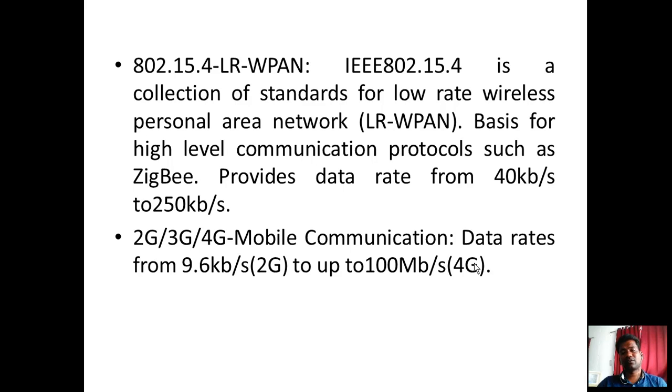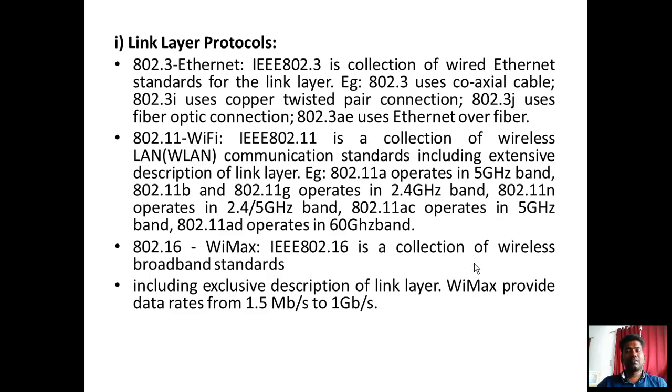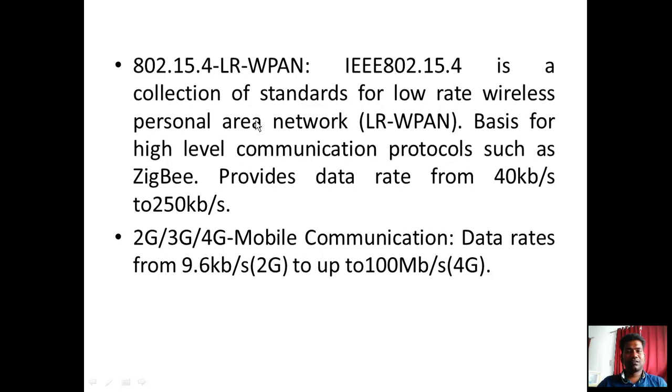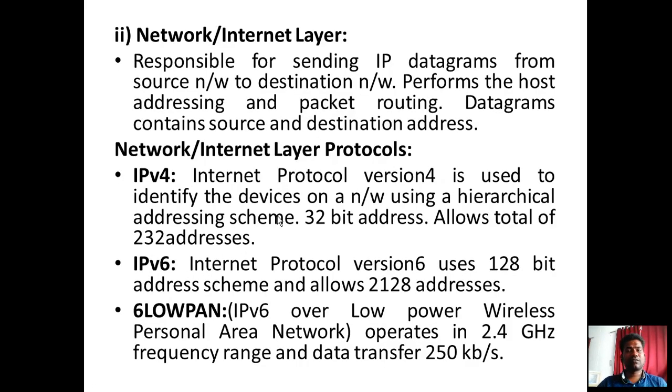Okay. So IPv4, Internet Protocol version 4, is used to identify the device on a network using a hierarchical addressing scheme. A 32-bit address allows a total of 2^32 addresses. If you are connecting the Ethernet port in your college or company, you will have IPv4 and IPv6 protocols, and separate IP addresses for your systems.